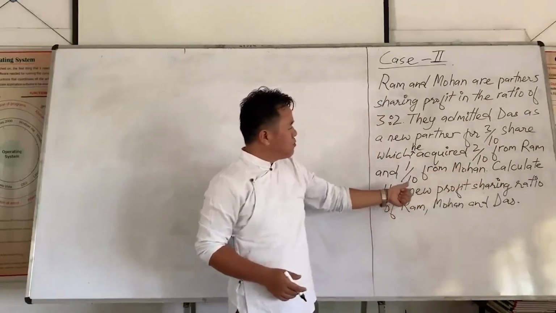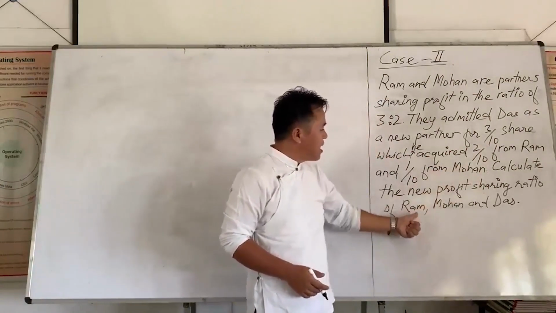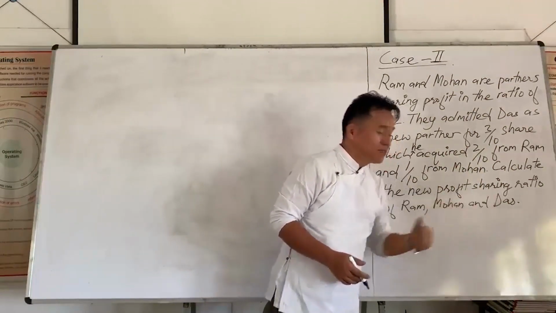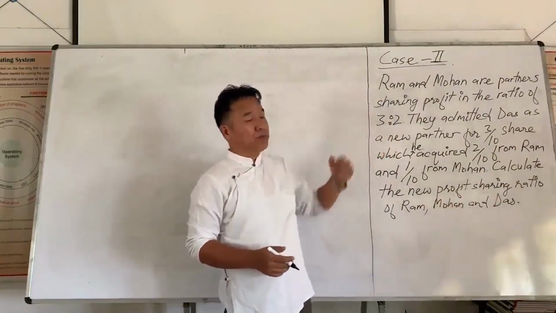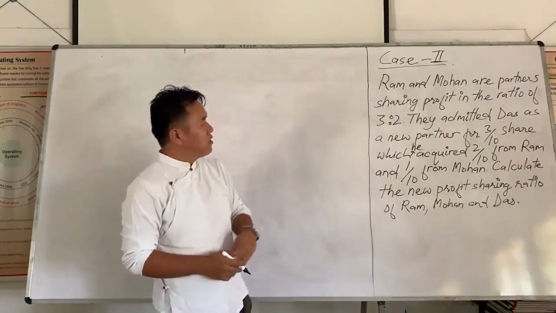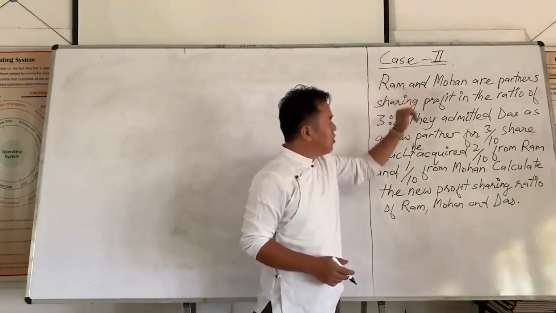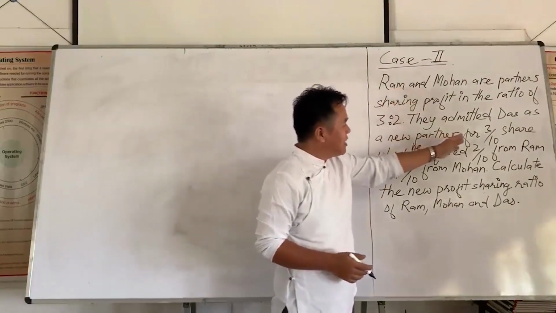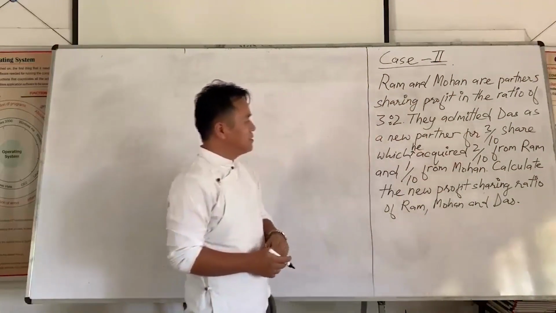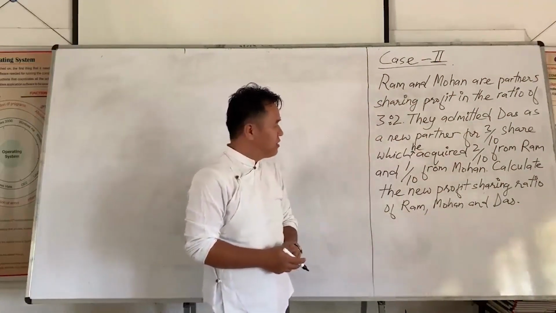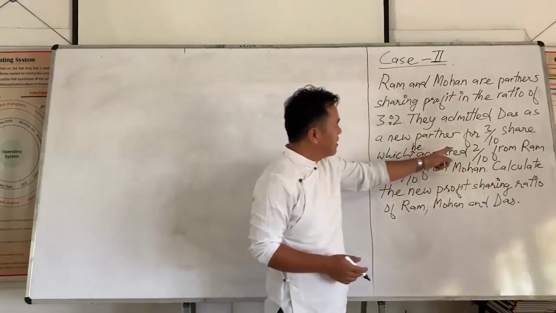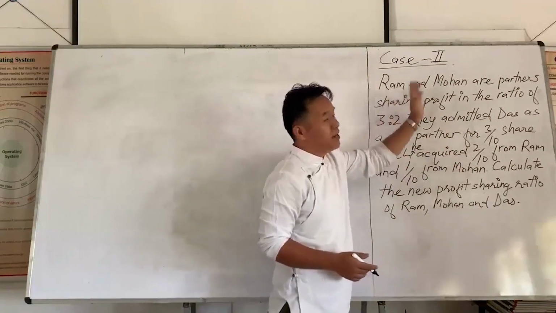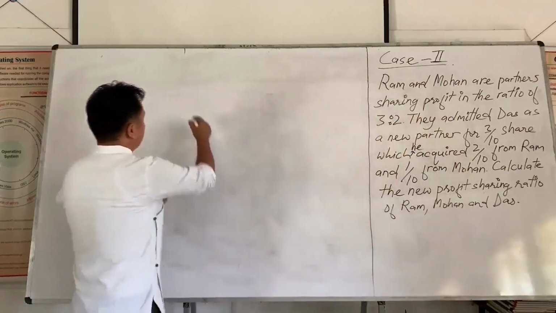Calculate the new profit sharing ratio of Ram, Mohan and Das. So in case number 2, you will find old ratio of Ram and Mohan and new partner's share, that is 3 by 10, and information is given with regard to sacrifice made by the old partners, that is Ram and Mohan.